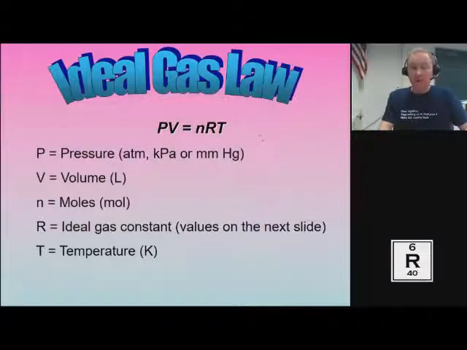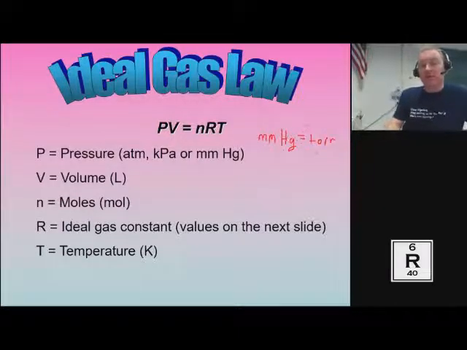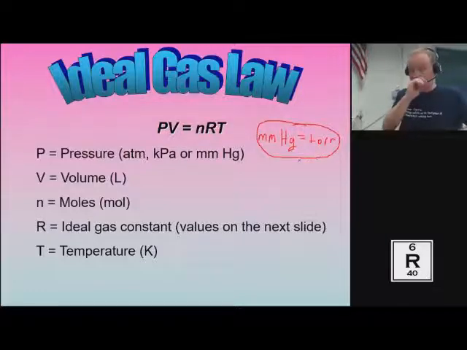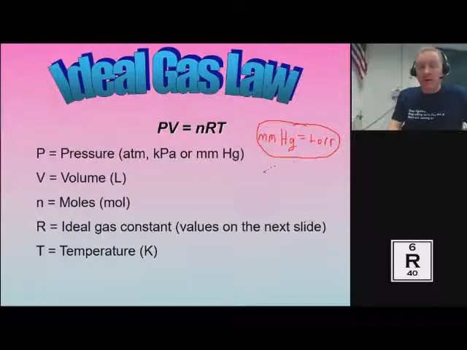Millimeters of mercury is also torr. We talked about that in the last lesson, what torr was. It doesn't look very good drawing with my mouse, but that's supposed to be an R. So if you see millimeters of mercury, they're the same thing.